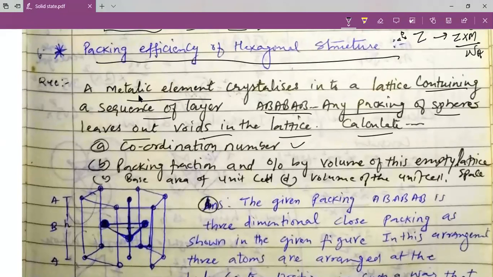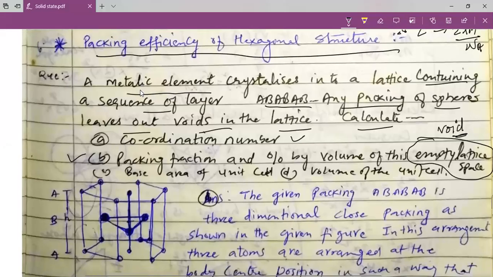Calculate its coordination number, calculate its packing efficiency and the percentage by volume of the empty space. What is the meaning of this empty space, my dear students? Empty space is nothing but void. And next, the base area of the unit cell and volume of the unit cell. All these things we need to find out.